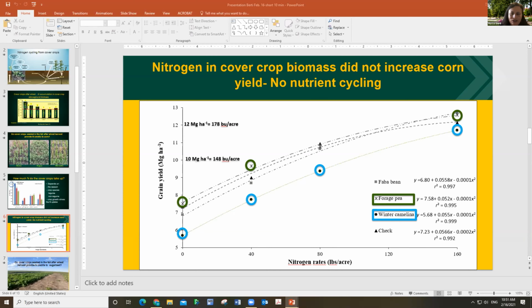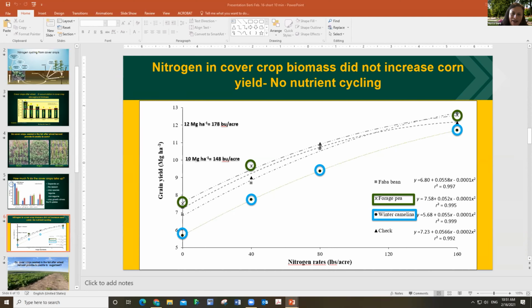The check is that triangle, and as we increase the nitrogen rate to 160 pounds per acre, the yield increases from very low to about 180 bushels. But when we had a cover crop on the plot, winter camelina, we actually had significantly less yield at all the rates. This was mainly because of water use, but it could be other causes that we don't know yet.